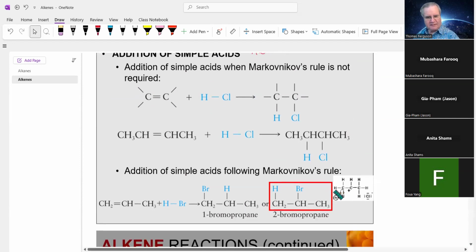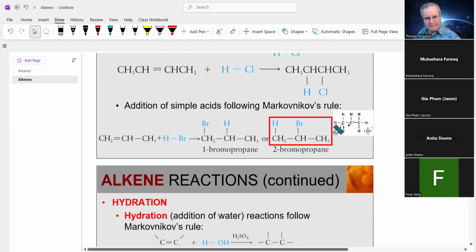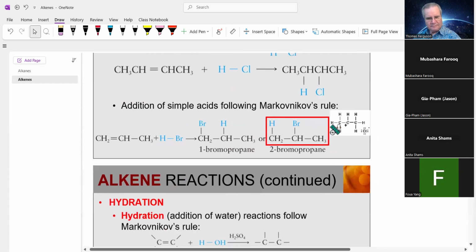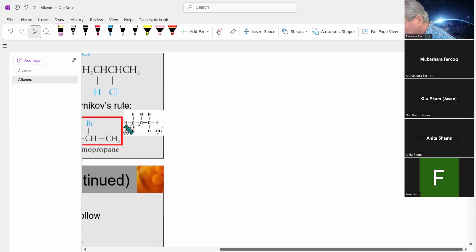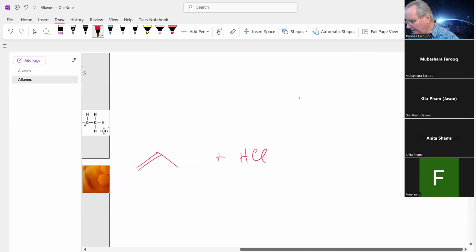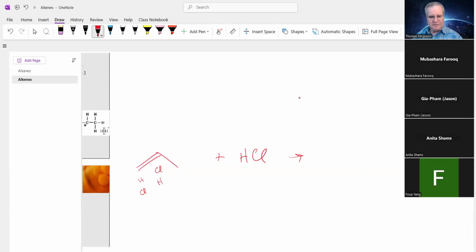So for example, let's look at this guy down here. Okay. So we're taking a propene plus HCl. What do we get? Well, the HCl is going to be here and here. Statistically, 50% of the time, it's going to be one way, 50% of the time, it's going to be the other way. Hence, mixture.